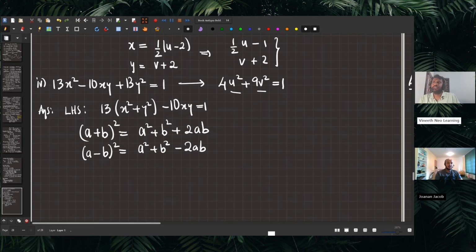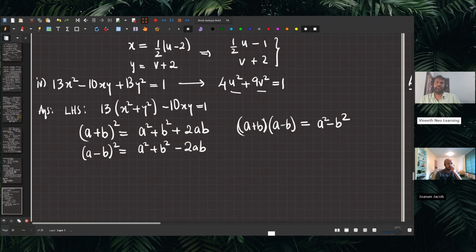And also (a plus b) into (a minus b) is equal to a square minus b square. Now look at the problem like this. This is a product that has a power 1, right? These two things are power 1, right?